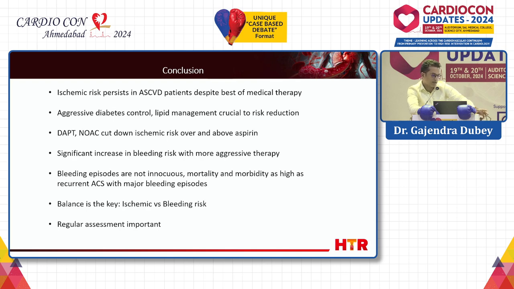There was a paper in JACC which said that post-PCI patients who were followed up for 5 years had a bleeding risk as high as 20%. And morbidity and mortality rates with bleeding episodes reach the levels of those with recurrent ACS episodes. So bleeding episodes are not innocuous, or negligible. Bleeding episodes are to be taken seriously. So we should balance the ischemic versus bleeding risk and provide the best therapy to our patient.